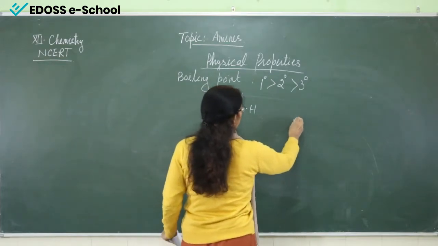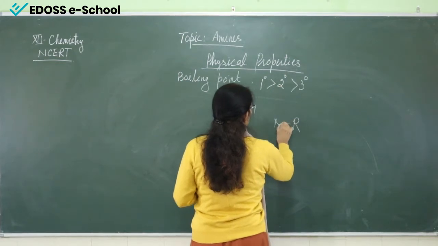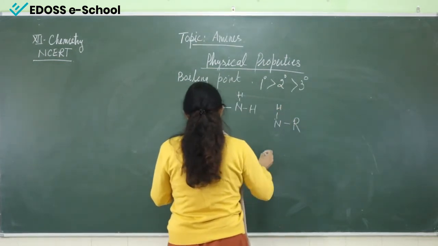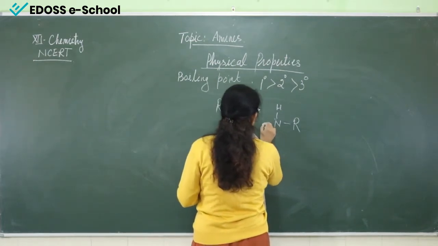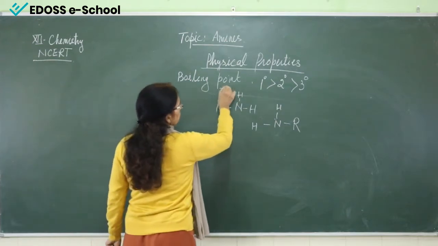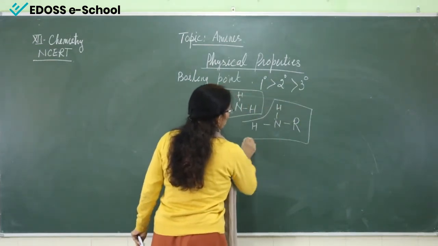And this is another R N. Now see here what is happening. This is one molecule of RNH2 and this is another molecule of RNH2.